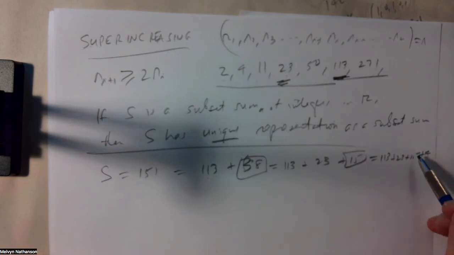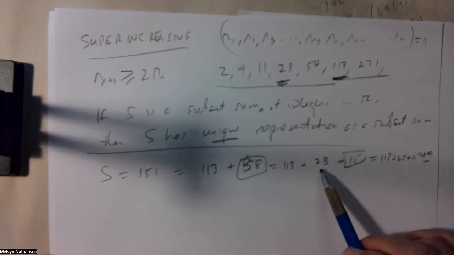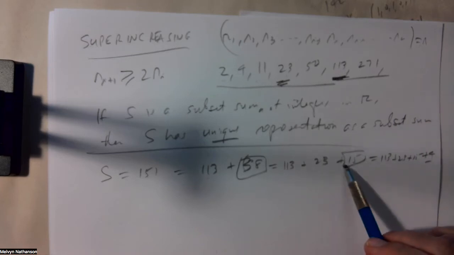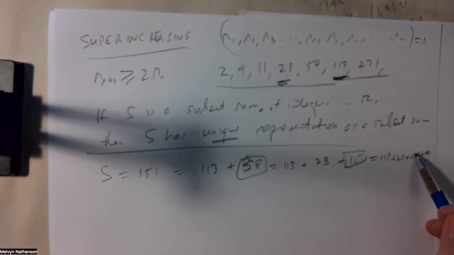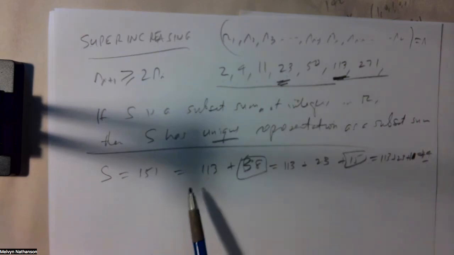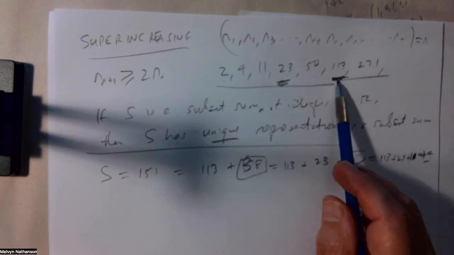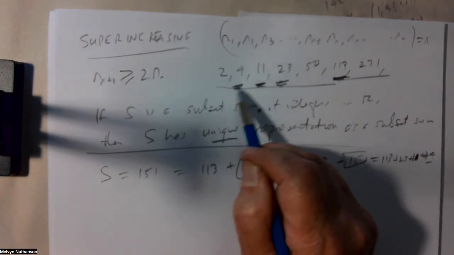So this should be 113 plus 23 is 136, which left 15. 15 was 11 plus 4. So this is 113 plus 23 plus 11 plus 4.